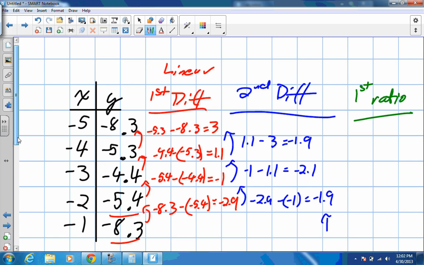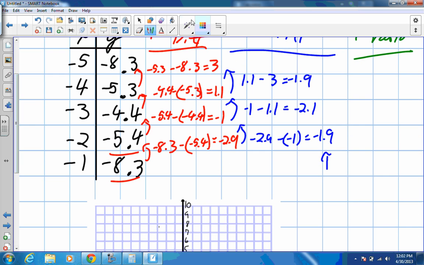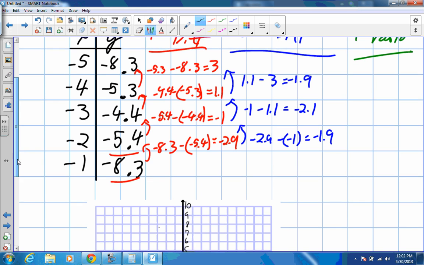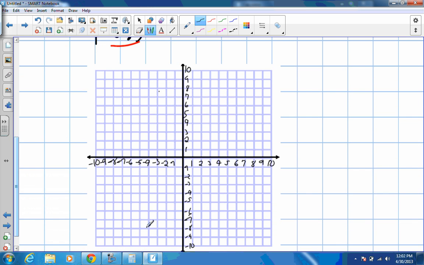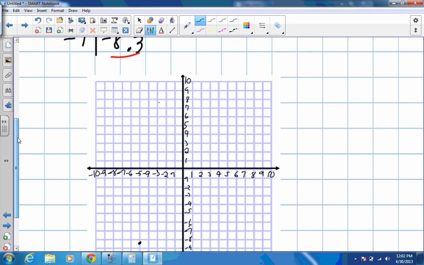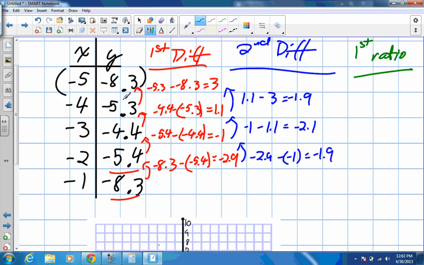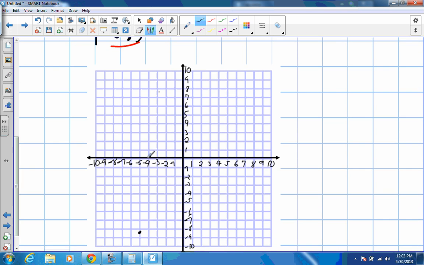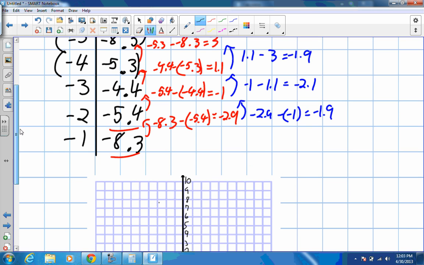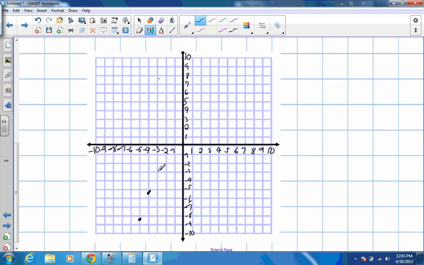So let's see if we can plot our points here and if it'll fit our quadratic model. So negative 5 and negative 8.3 is about there. That's our first coordinate. Negative 4 and negative 5.3 is about here. Negative 3 and negative 4.4 will be about there.